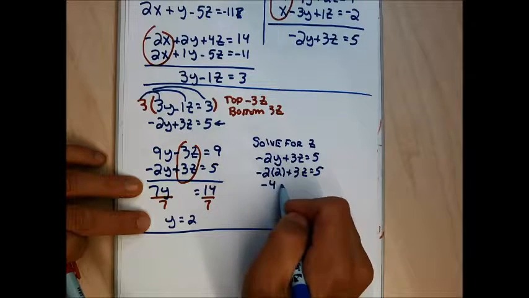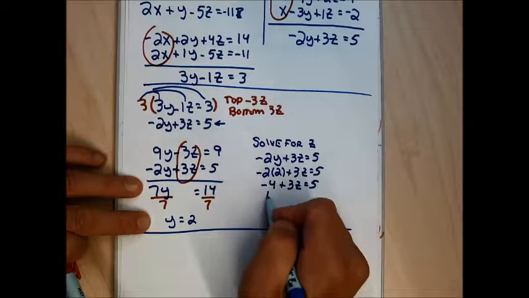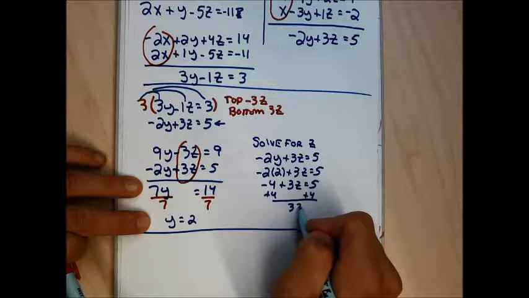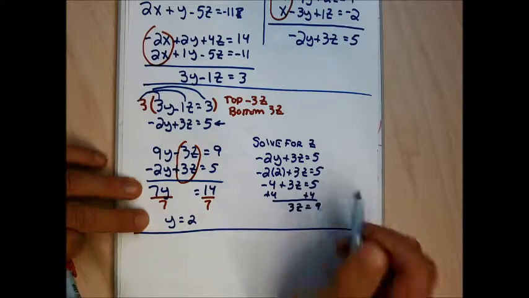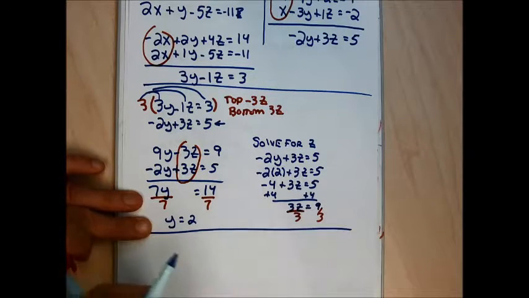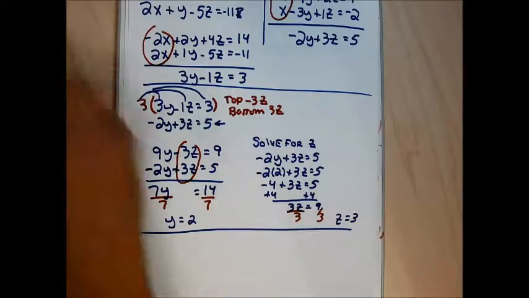That's going to give me minus 4 plus 3z equals 5. I'm going to add 4 to both sides and get 3z equals 9. And then divide by 3 and get z equal to 3.